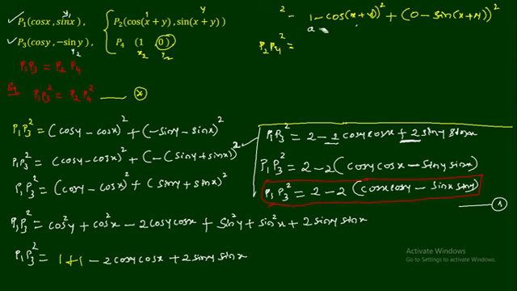So what it will be, a minus b the whole square, one second, P2P4 the whole square is equal to, this is a minus b the whole square formula I am doing, a square plus b square, hope you are understanding, minus 2ab, minus 2 cos of x plus y.